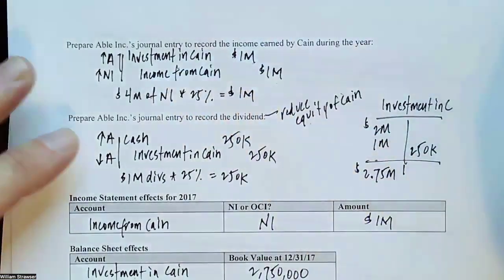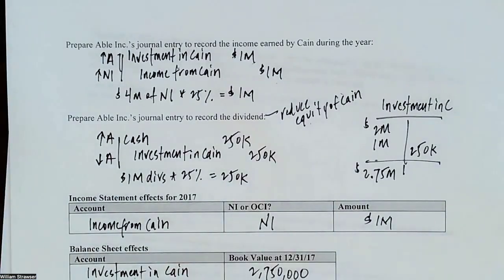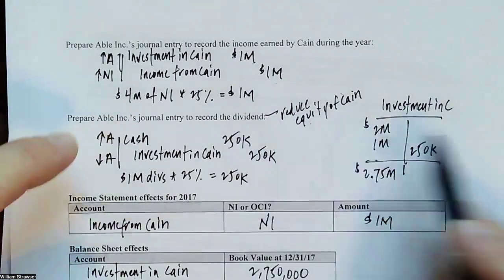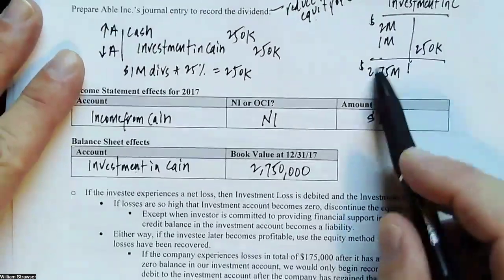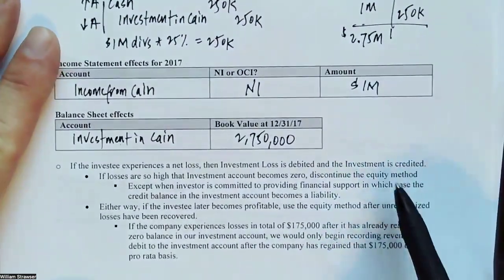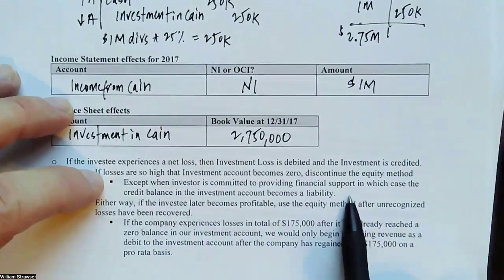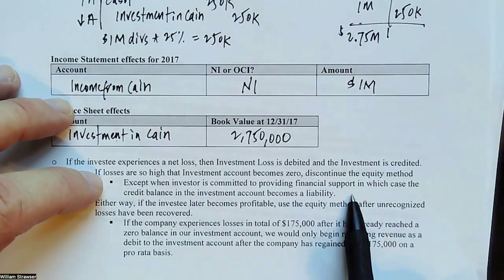We would be crediting our investment in Kane to show that those losses are eroding our net assets in Kane, right? As Kane is recognizing those losses, their equity is dropping, and therefore our proportional ownership, our investment, is getting credited as well. If this falls to zero, then we do not push it any further, okay?